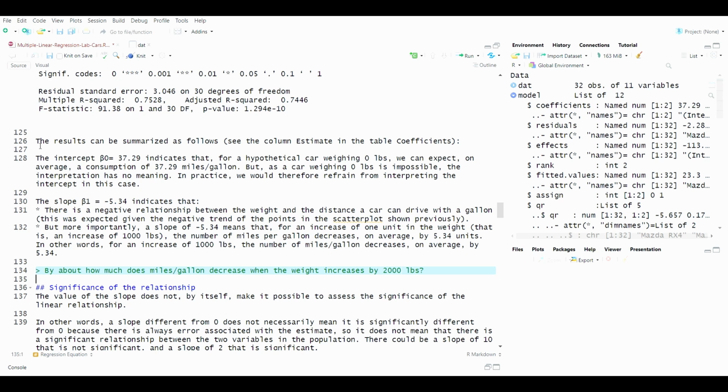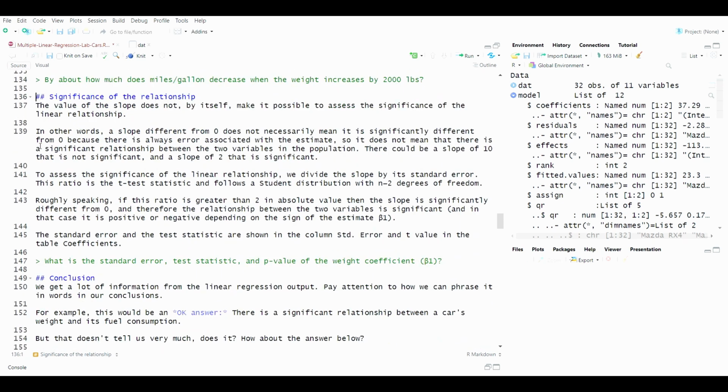By about how much does miles per gallon decrease when the weight increases by 2,000 pounds? Get out your calculator and figure that out. You could probably just about do it in your head. Remember to answer in a complete sentence. Pause the video if you want to, otherwise I will continue on here.